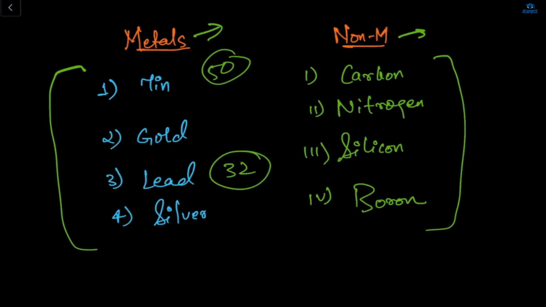It should be 82, na? You told 32. I said 82 only. Okay, then exclude these two. What about gold? Gold is 79. Okay, silver. Ma'am, let me try. You can do this one. At least do this.